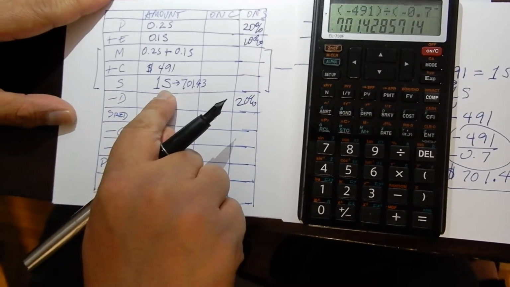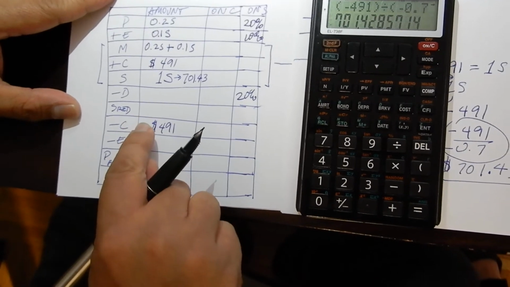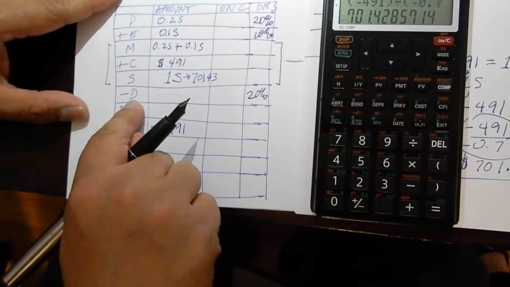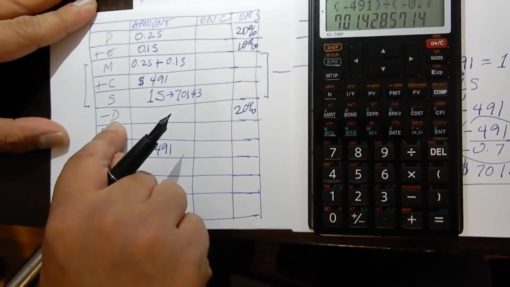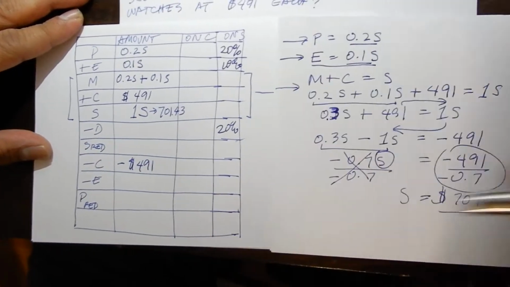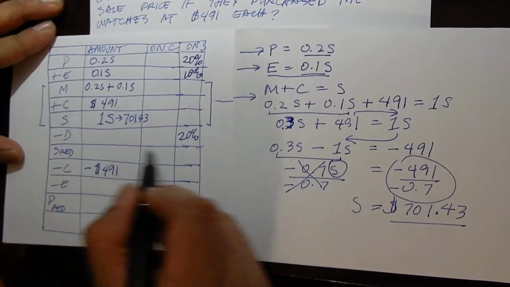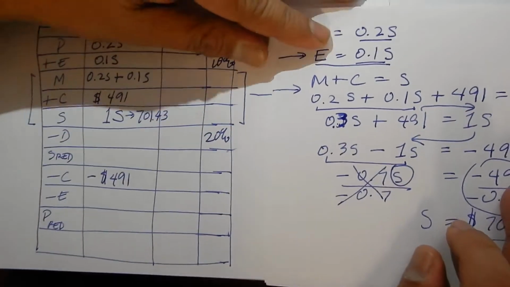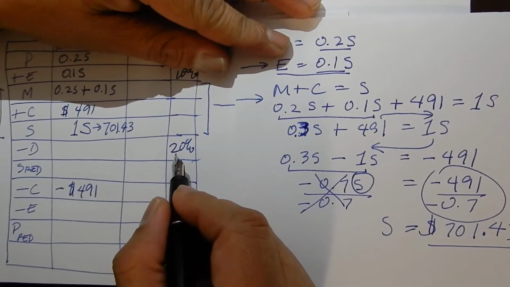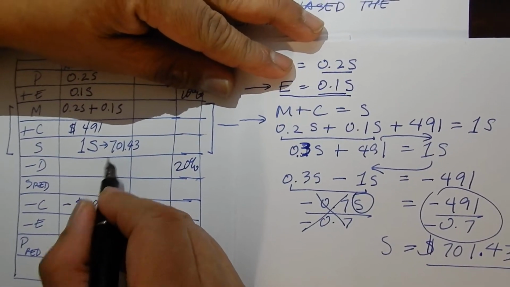Okay, and I can continue to fill up the merchandising calculation table. Now, since I've got the S, I can calculate the dollar value of the markdown. I know that the markdown rate is 20%. This is always a percentage of the selling price, and I now know the selling price.